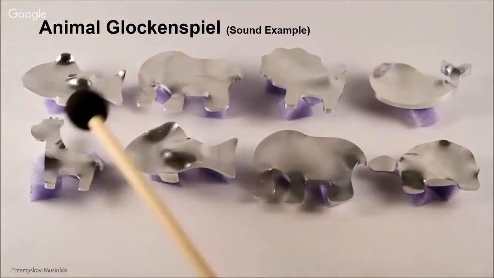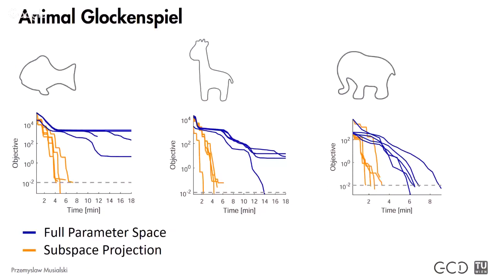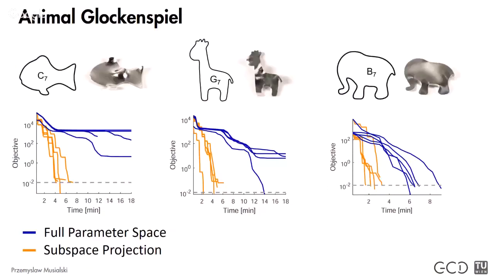So it worked well. It was accepted for SIGGRAPH 16 then. And then these are some measurements, and here you can see we compared the optimization for these particular stones.